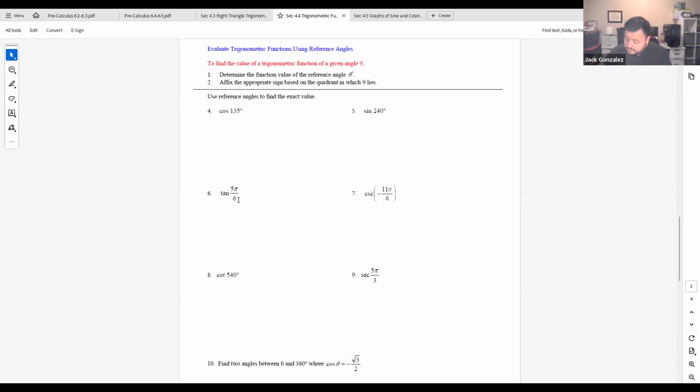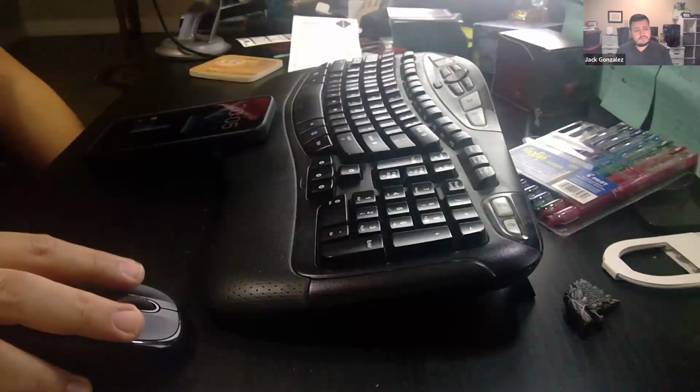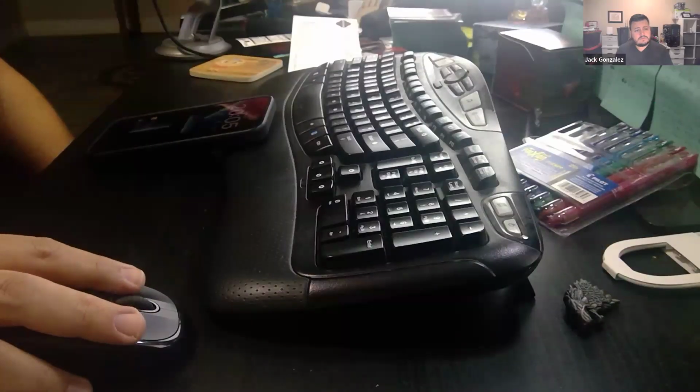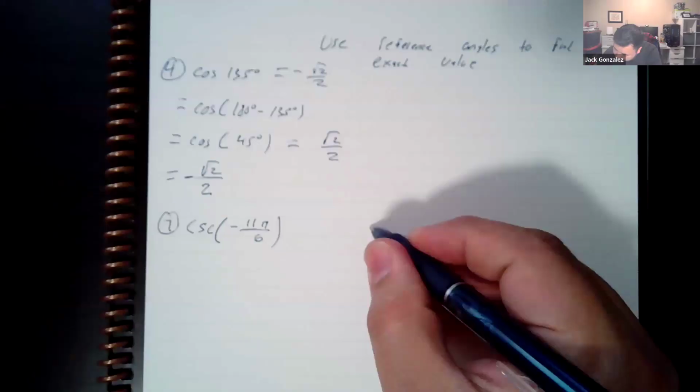Since it's negative, what would y'all do? We go clockwise, so we add the circle back in. Sometimes you have to add multiple circles, right? So don't be scared to add 4 pi or 6 pi. I'm going to do it over here.